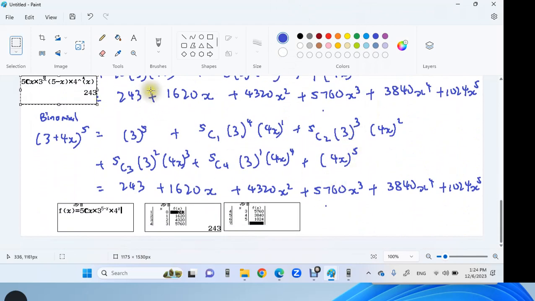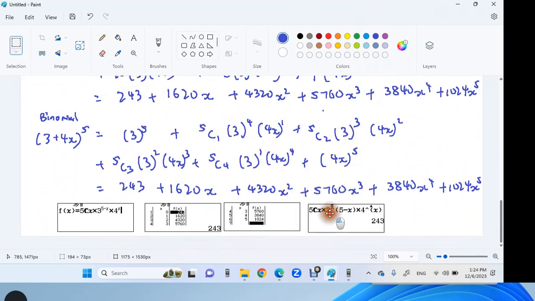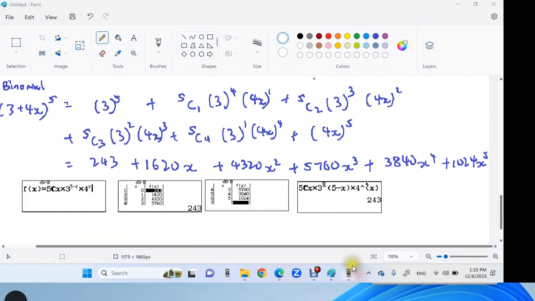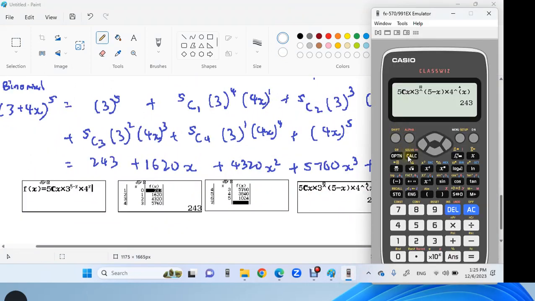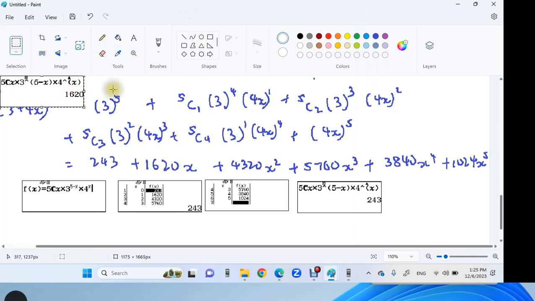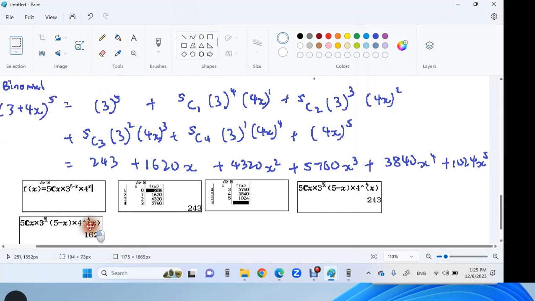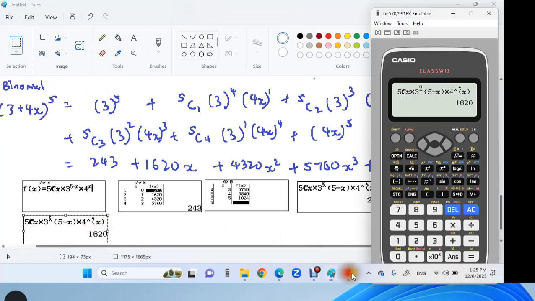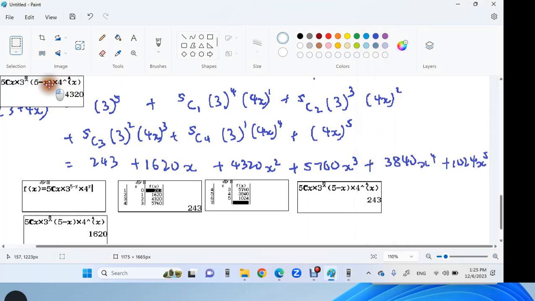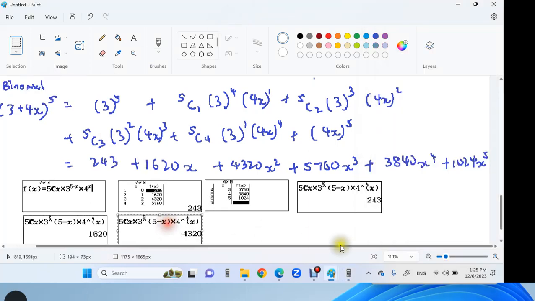So it will return 243. And then you press the CALC again. You press 1 and then press equal, then equal, and it will return 1620. And you press the calculate again and press 2 and equal, then this is 4320.